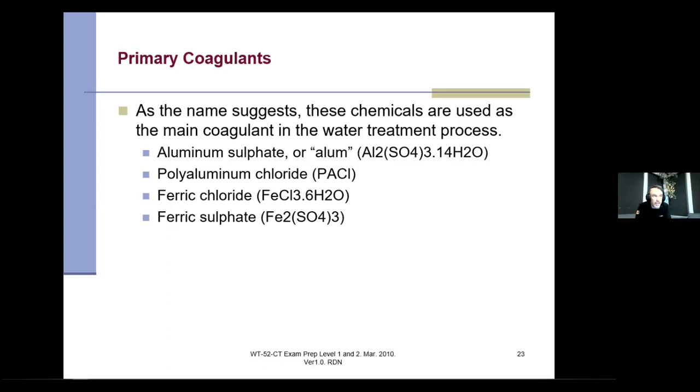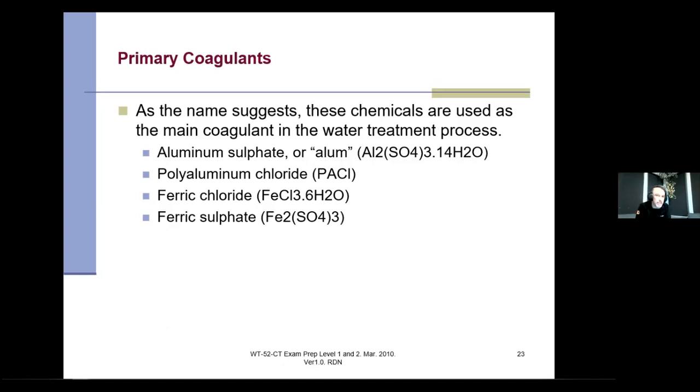Now, funny enough, in the water industry, especially in Canada, we use aluminum for water and we use iron for wastewater. Now, in Europe, it's the complete opposite. So I'm not sure what type of coagulant, if any, that you guys use there. But the main one here is aluminum based, and it's called alum.